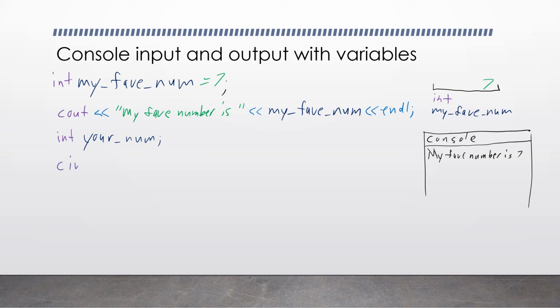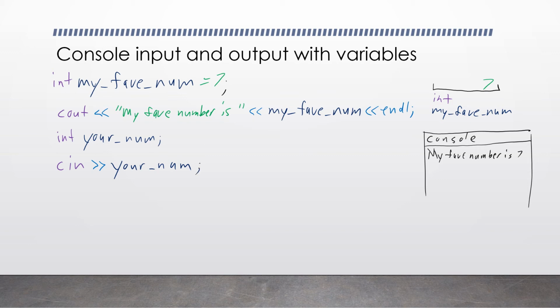So we'll say cin, then the input operator is two greater than signs, making it look like the information is flowing in the other direction. Cin inputs to yournum.